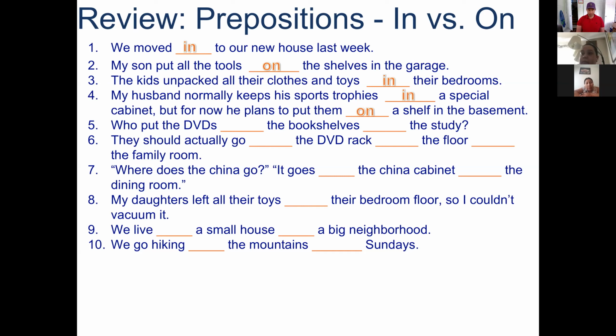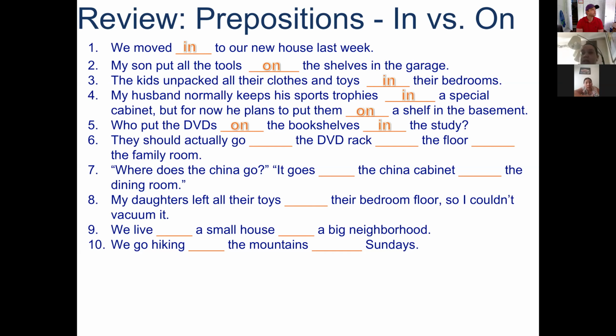Very good. Who put the DVDs on the bookshelves in the study? Good.